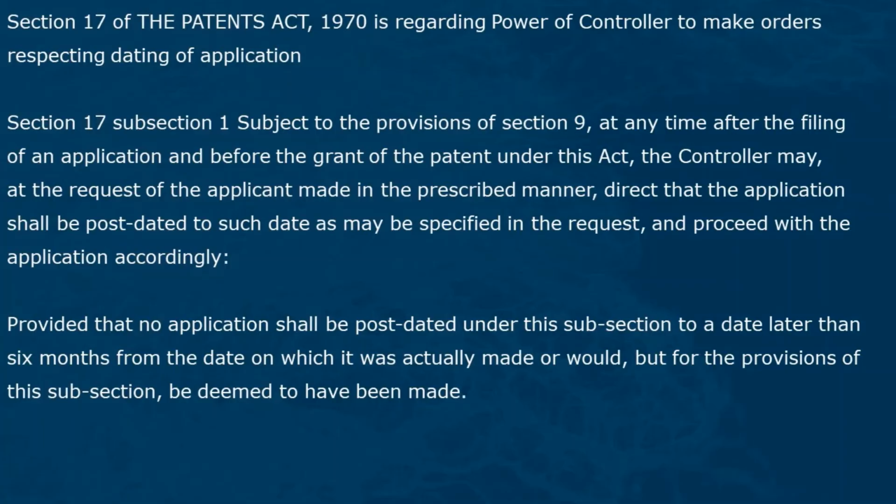Section 17 subsection 1, subject to the provisions of Section 9, at any time after the filing of an application and before the grant of the patent under this Act, the controller may, at the request of the applicant made in the prescribed manner, direct that the application shall be post-dated to such date as may be specified in the request, and proceed with the application accordingly, provided that no application shall be post-dated under this subsection to a date later than 6 months from the date on which it was actually made or would, but for the provisions of this subsection, be deemed to have been made.